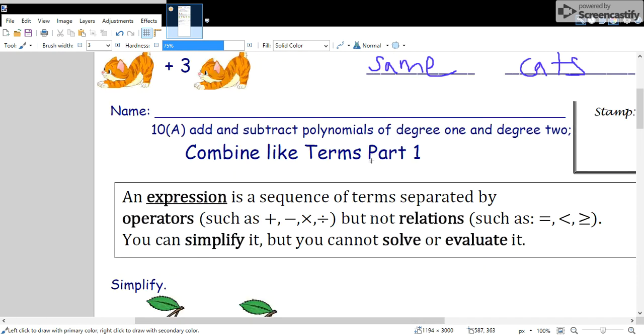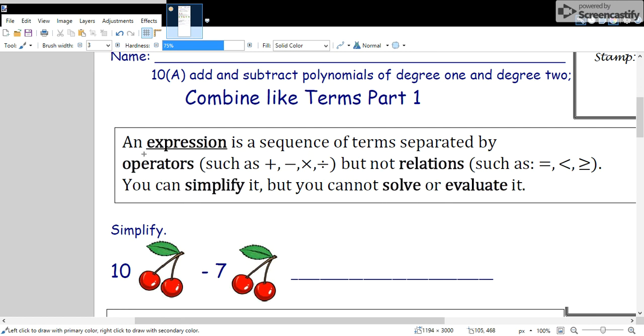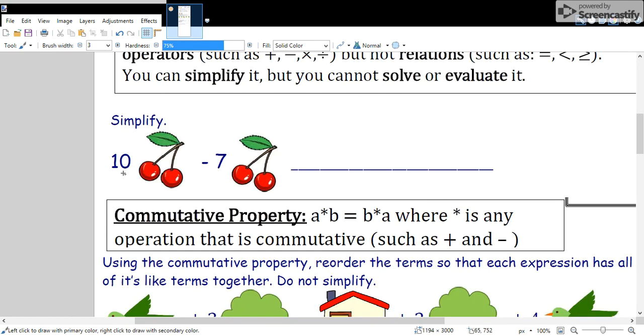Combine like terms, part 1. An expression is a sequence of terms separated by operators, such as addition, subtraction, multiplication, or division, but not relations, such as equals, less than, or greater than or equal to. You can simplify it, but you cannot solve or evaluate it.